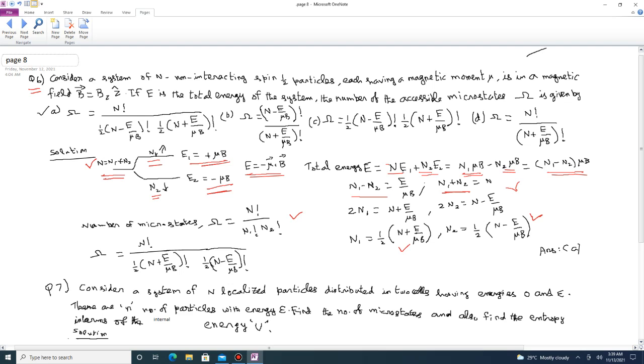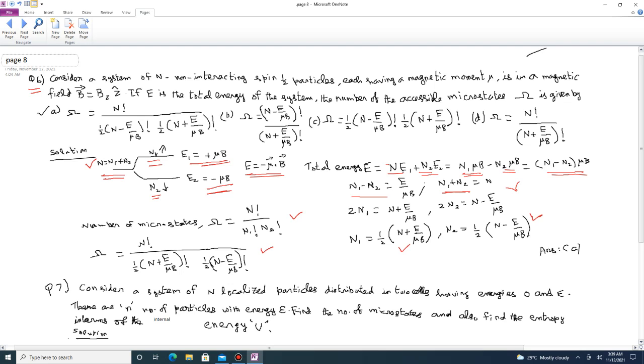N1 and N2 we have already calculated. Once we substitute these values, omega is equal to capital N factorial divided by half into N plus E by mu B factorial, half into N minus E by mu B factorial. So option A is the correct one.